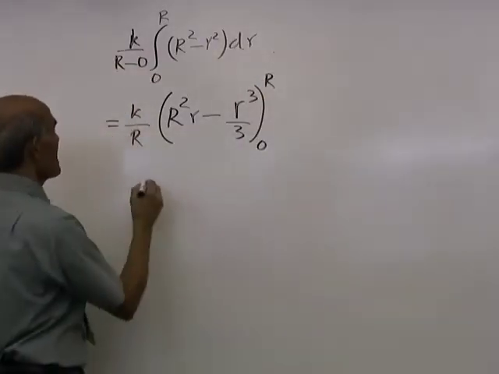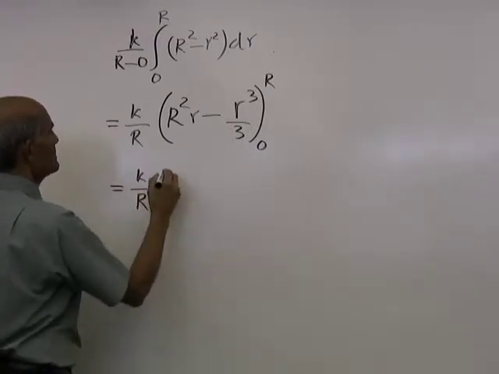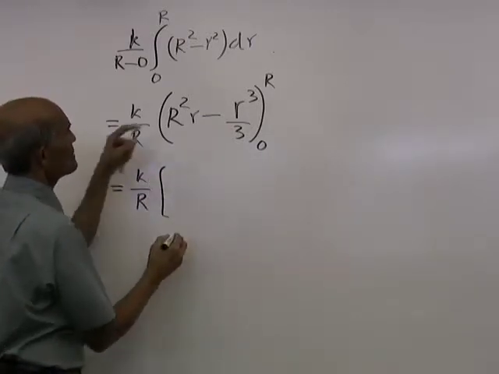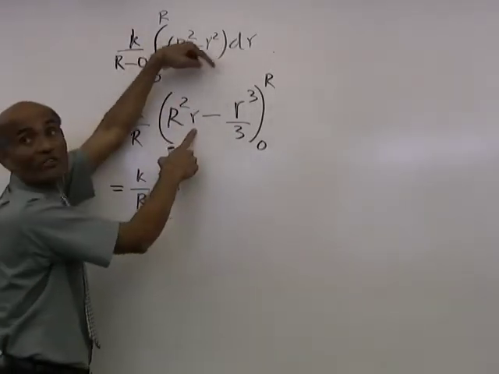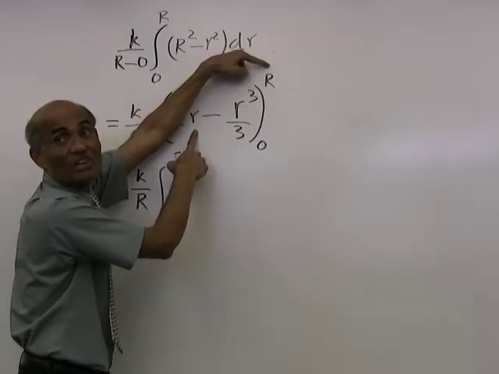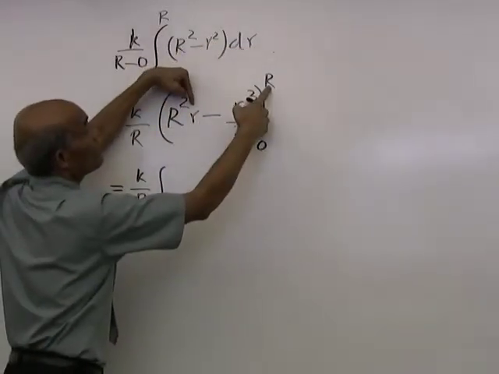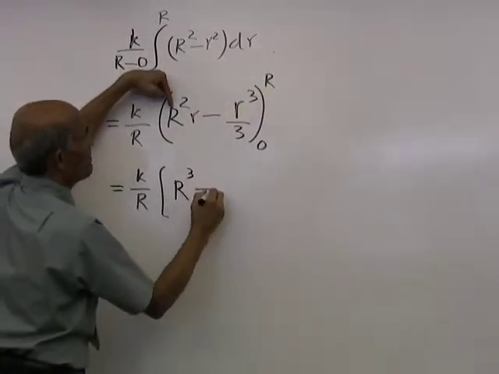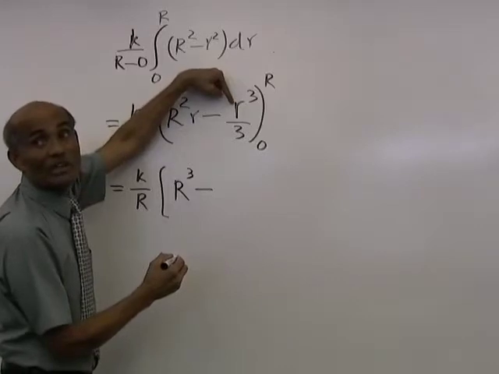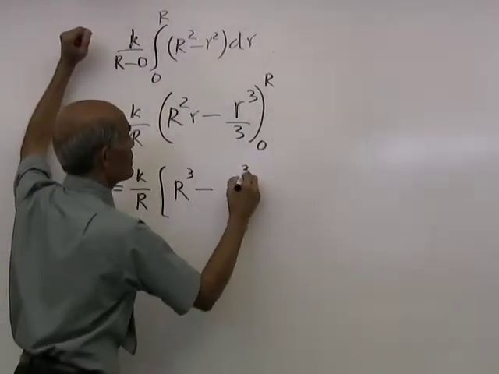Let's now apply the limit. That will be k over R times, let's put the upper limit. The limit means the lowercase r is replaced by R. So when this lowercase r becomes the uppercase R, this becomes R cubed minus, when the lowercase r is uppercase R, that is also R cubed.